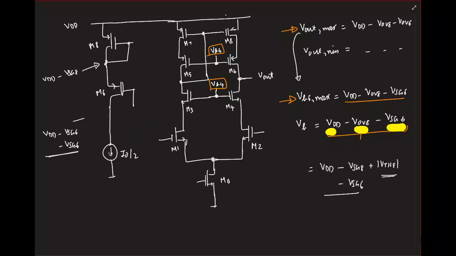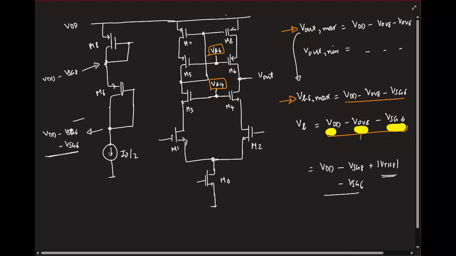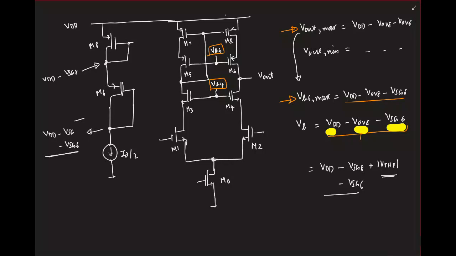Right now we have connected it like this, so this is basically this voltage, VSG8. I want to generate a voltage which is higher or lower than this? Higher. So in the stack I should go at least somewhere higher, right? So obviously I can't go here. But can I do something here?